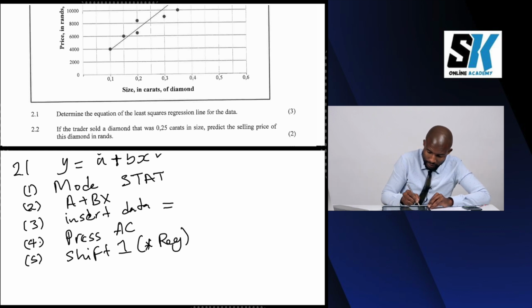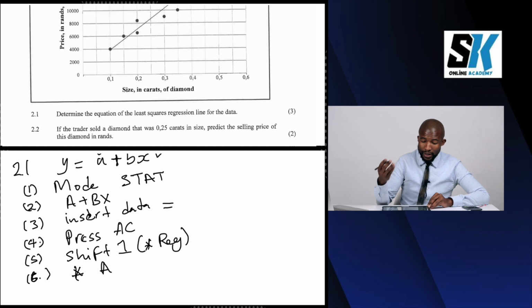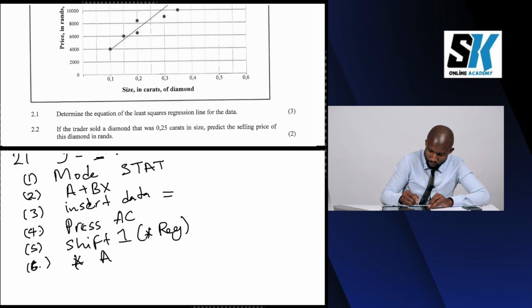And then on number 5, sorry, not number 5 this time around, it's 6. You're going to choose A, which is when you choose A, you get the value of A on that equation, if you remember. And then after that, you already have your data on your table. You go and press AC again.